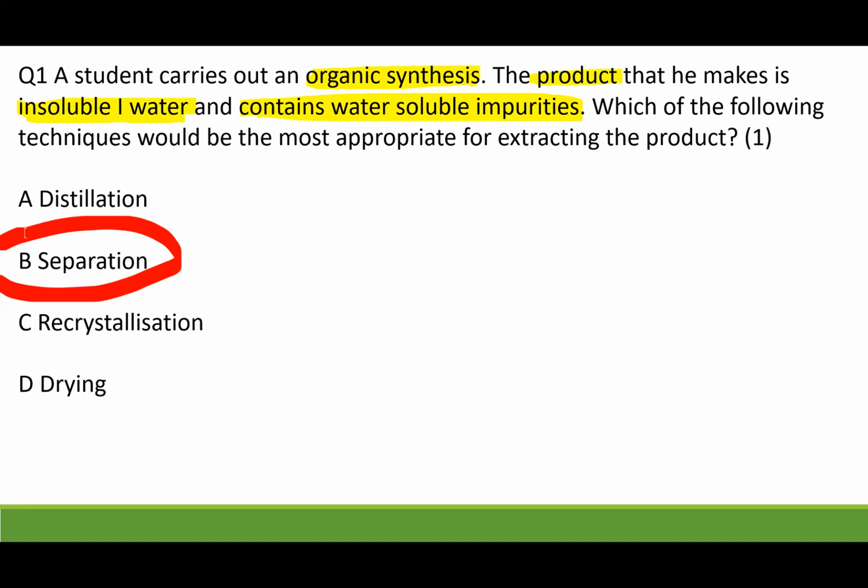Distillation isn't going to be sensible because it's not necessarily a volatile substance. It's not a solid, so we're not going to go through recrystallization or drying. So that one would be separation, and that would get you your 1 mark.